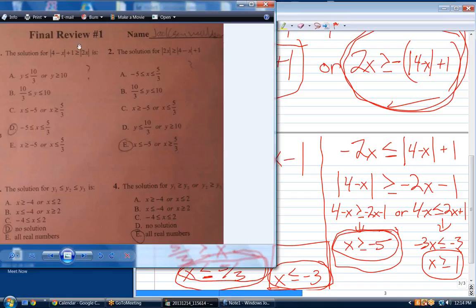I'm not sure what good this does you, because you're never going to get this on a test, I wouldn't think. But notice the only difference here is they've put the absolute value of 2x on the other side and all of this on the right side. And notice that the correct answer is the exact opposite. It's x is less than that and x is greater than that.